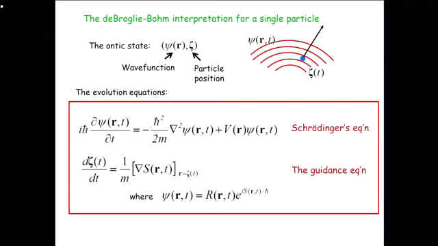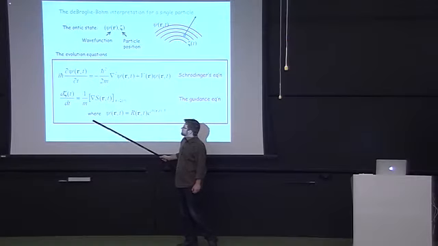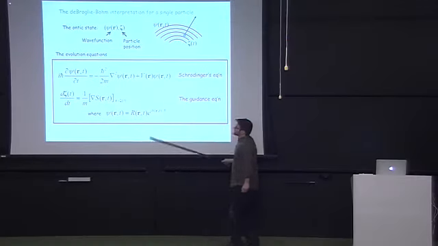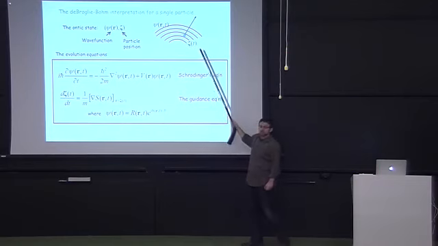Capital R denotes the modulus of the wave function, and S over h-bar is the phase in the position representation. So you take the gradient of the phase and evaluate that at the position of the Bohmian particle. That will tell you the velocity of the Bohmian particle. And so using these two equations, you can evolve both the Bohmian position and the wave function forward in time.